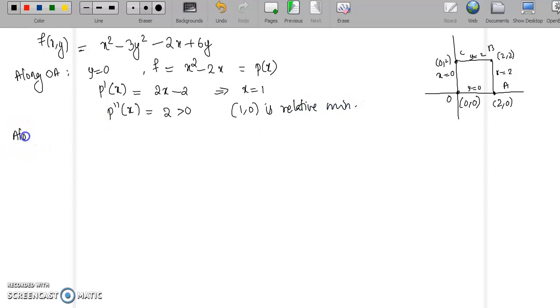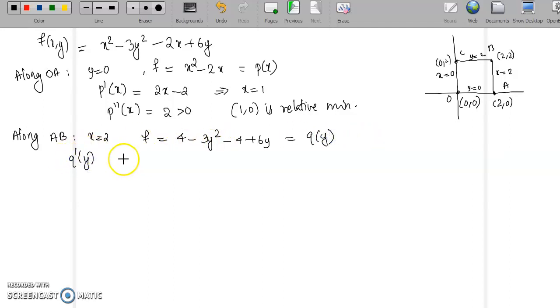And when you take along AB, what happens is x is equal to 2. So f will reduce to 4 minus 3y square minus 4 plus 6y. We will get minus 3y square plus 6y. Let me call it q of y. q dash of y will be minus 6y plus 6.